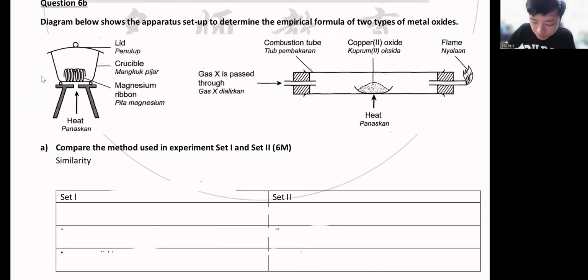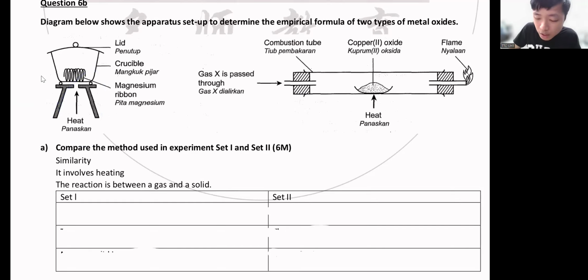So for both sets, it involves heating. Both use fire to heat. Then the reaction is between a gas and a solid. Okay, it means this one, magnesium, a solid, I react with oxygen, a gas, right?